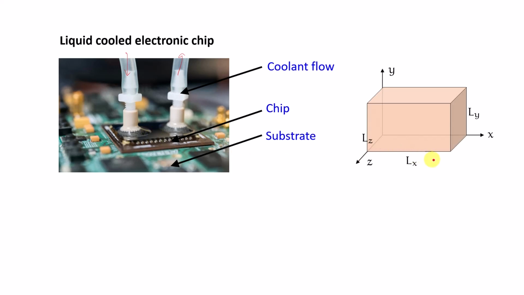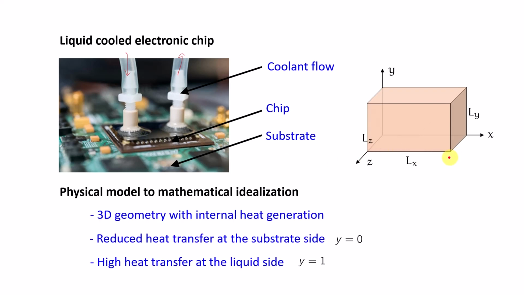So let us say that this is our chip, and here we idealize it as a 3D geometry like this parallelepiped, and it has internal heat generation. There is reduced heat transfer at the substrate side, meaning this side, and high heat transfer at the liquid side. So this is my liquid side.